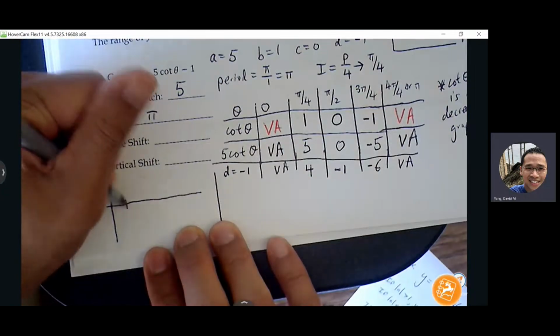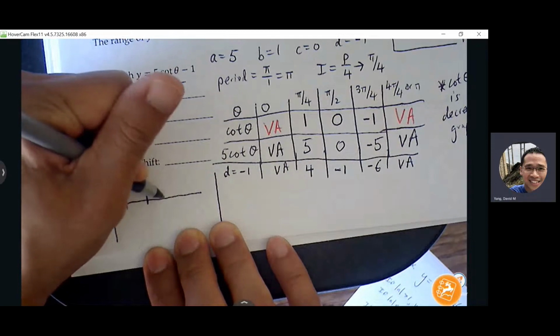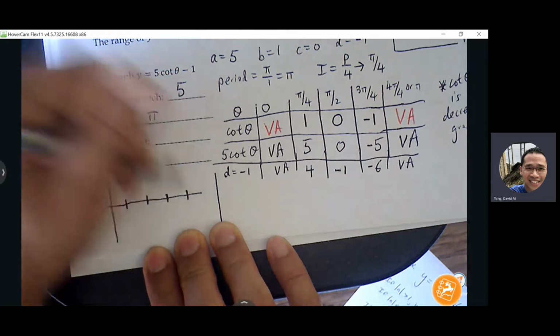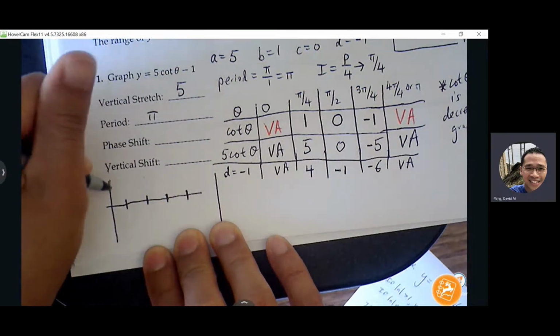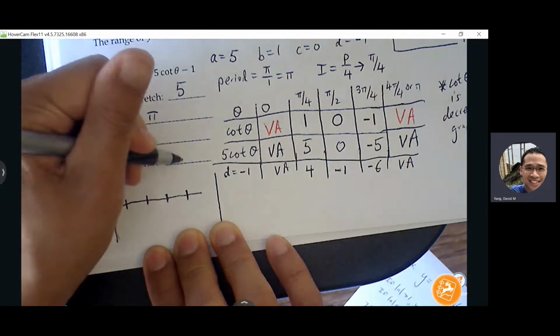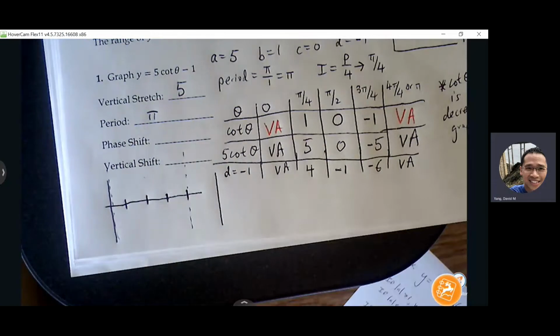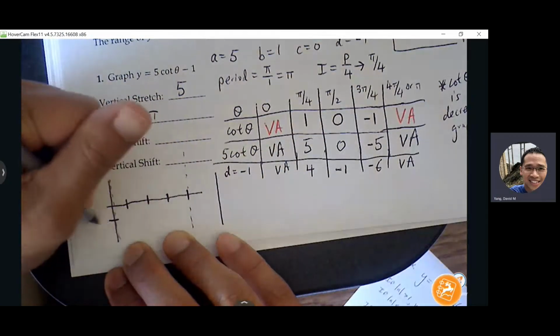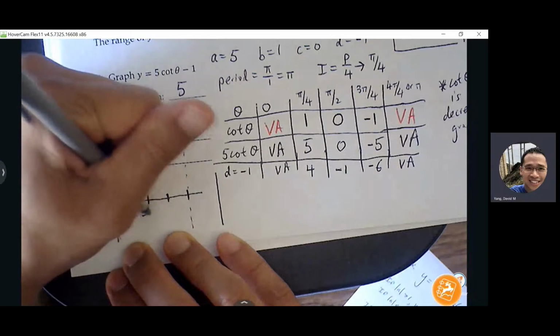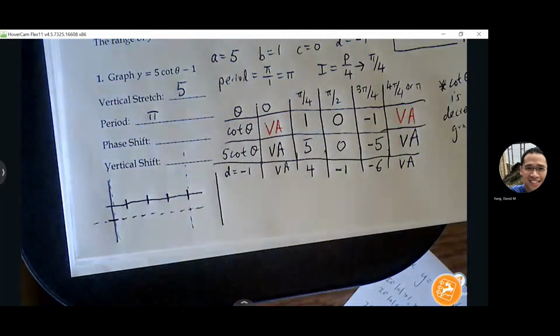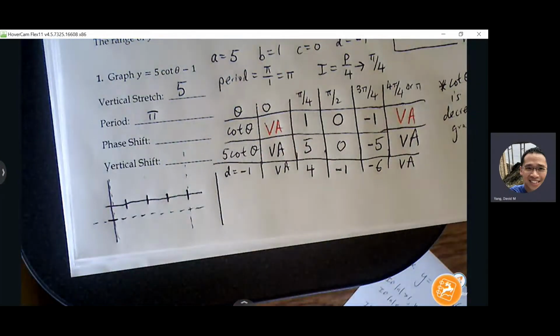So 0, pi over 4, pi over 2, 3 pi over 4, and pi. And I'm gonna have asymptotes on both sides of my interval here. I can create my D value at -1. This is quote unquote the center of my cotangent graph. And just plot your points.